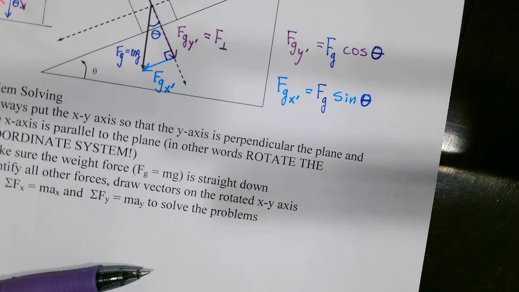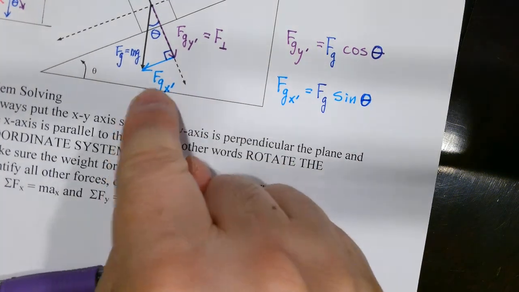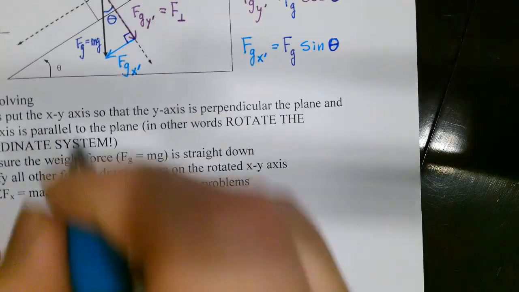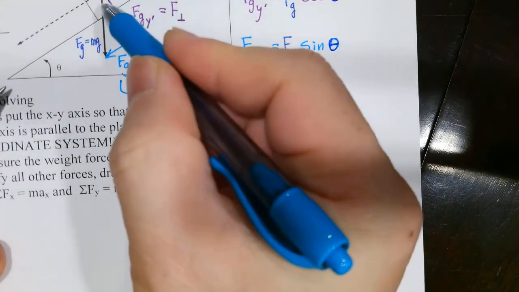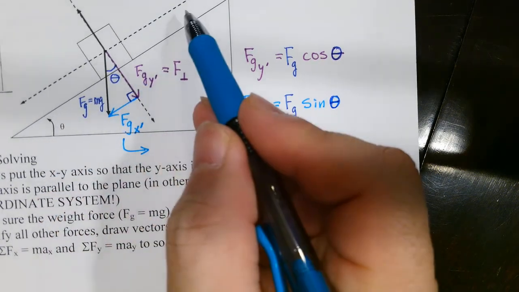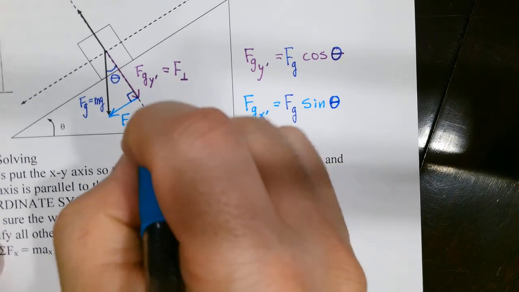So one thing, this FGX prime will always point down the incline, okay? Whether this object is standing still, sliding down, or sliding up, it doesn't matter, right?